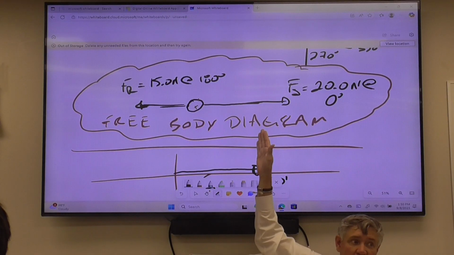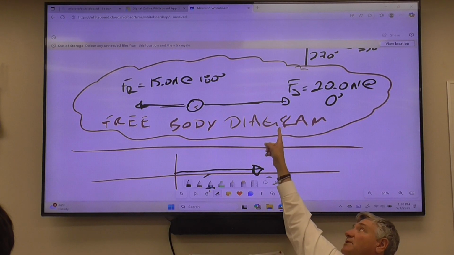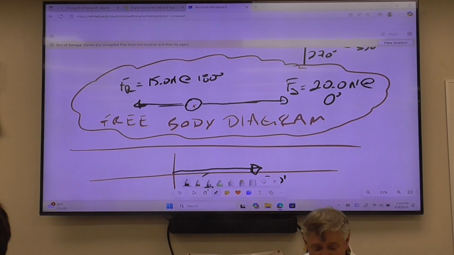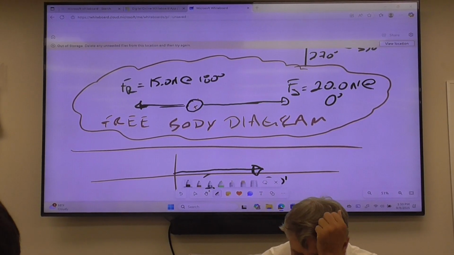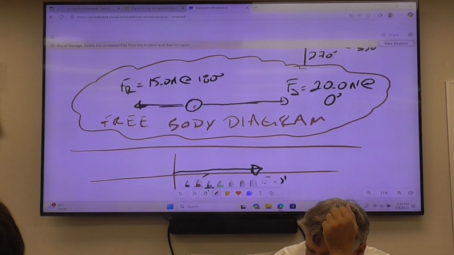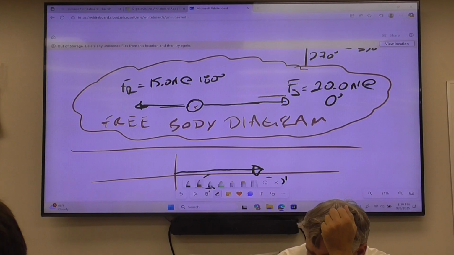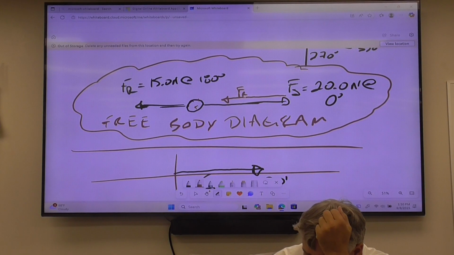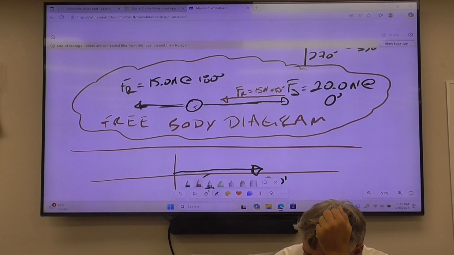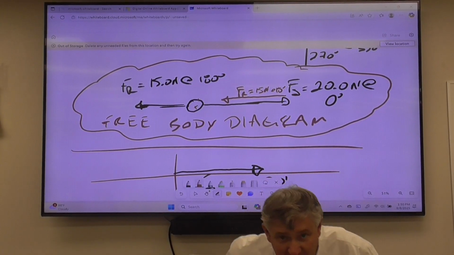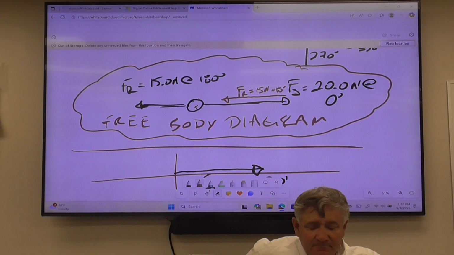It's like a new X and Y. So from the end of this one, now I'm going to draw Ryan's coming back like this. Okay, cool. So here's Ryan's, which is 15 newtons at 180 degrees. Got it. Nice. Got it. No worries.